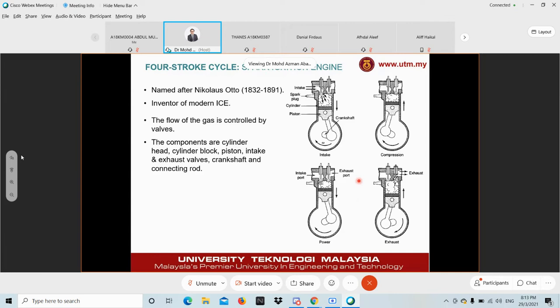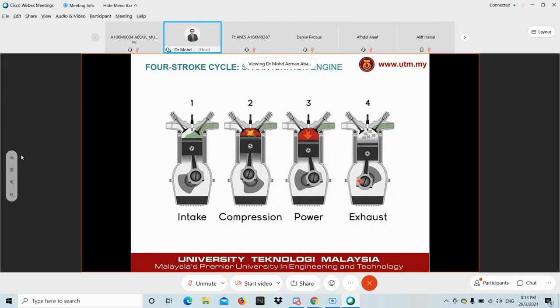I believe most of you are already familiar with this, probably from your previous subjects and courses. For those who are already familiar, let's just recap. First you have the intake stroke, then the compression stroke, then third the power stroke, and then the exhaust stroke.